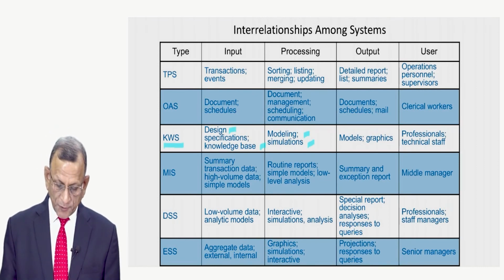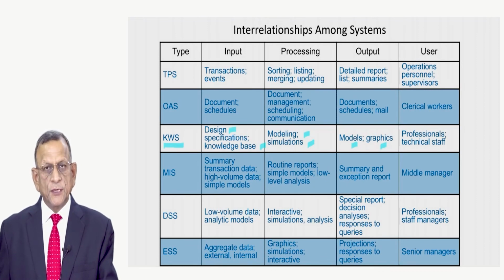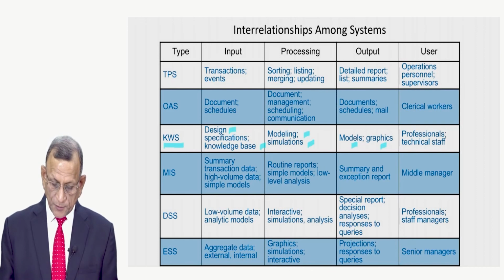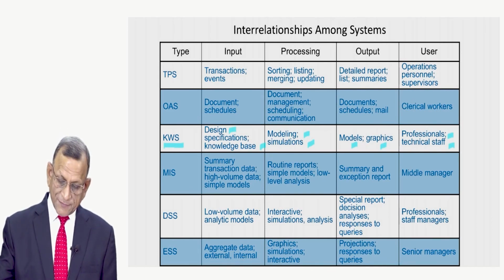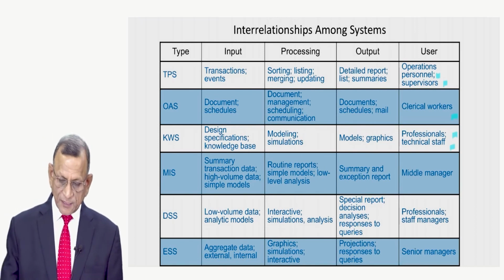And output will be models and graphics. What will happen if the trend goes on? Who is going to use it? Professionals and technical staff. So we have understood that we may have operations personnel and supervisors, clerical workers, and professionals and technical staff.